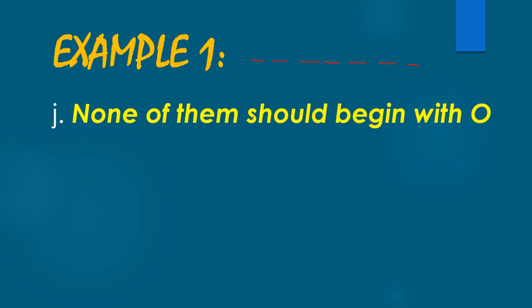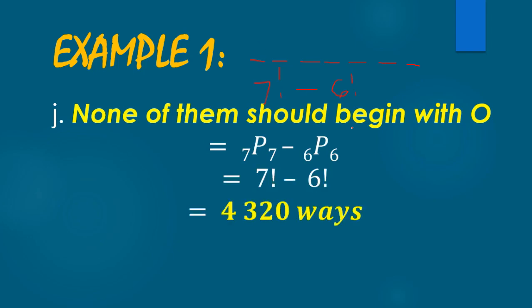So since we are looking for the arrangements in which none of them should begin with O, we take the total arrangements with no restriction, that is 7 factorial minus 6 factorial. That would be the number of arrangements if we started with letter O. So again, that is 7P7 minus 6P6. That would be equal to 4,320 ways.